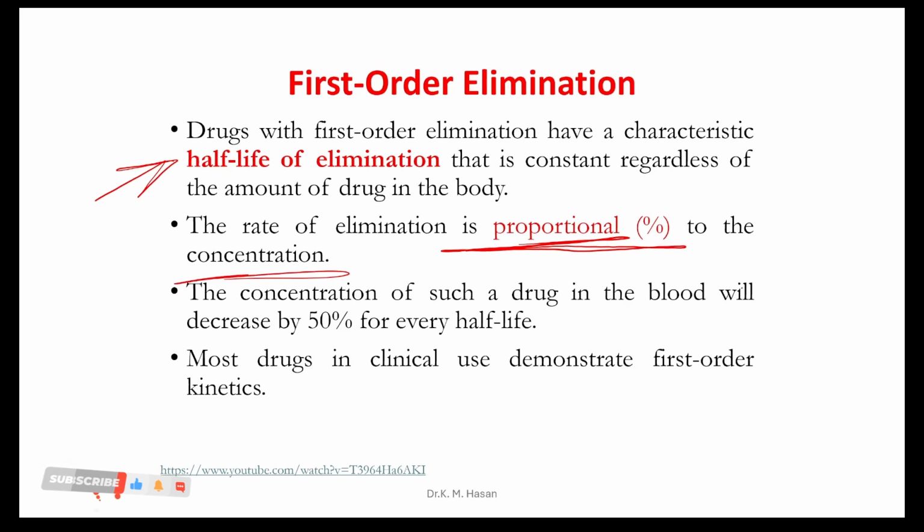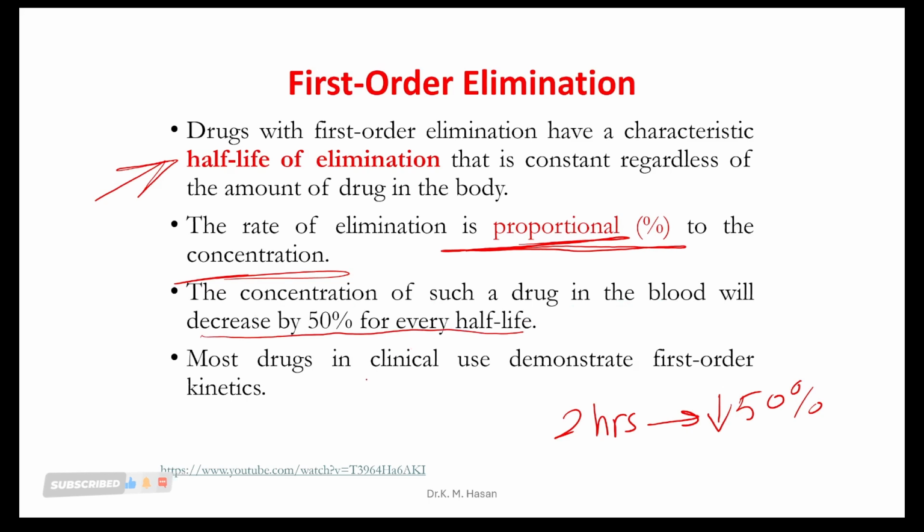For example, with a 2-hour half-life for acetaminophen, the concentration of the medication decreases by 50%. So the rate of elimination is proportional to the concentration of the medication. That means the concentration of the drug in the blood will decrease 50% for every half-life. Most drugs in clinical practice follow first order kinetics.